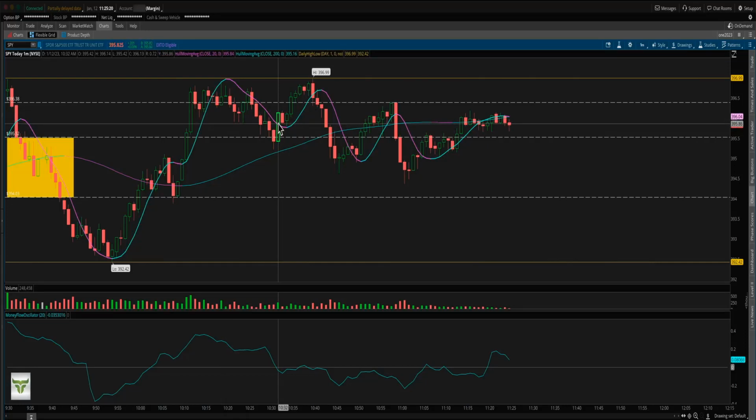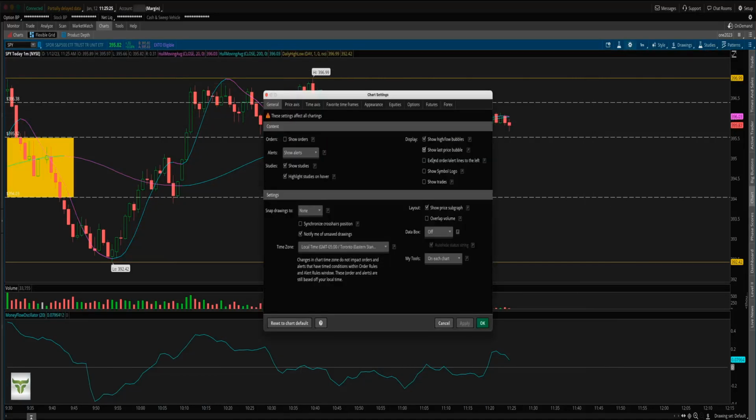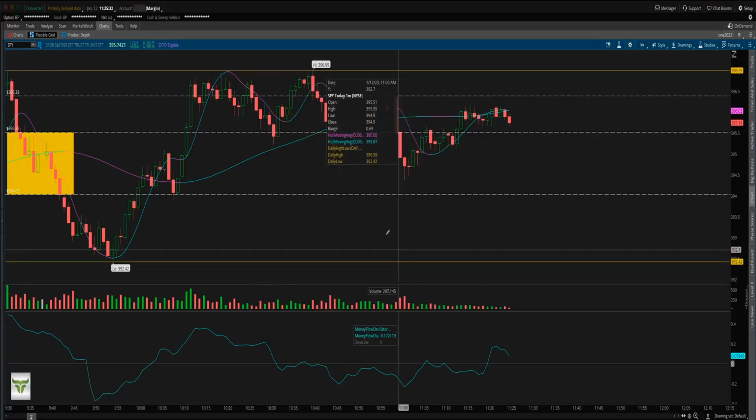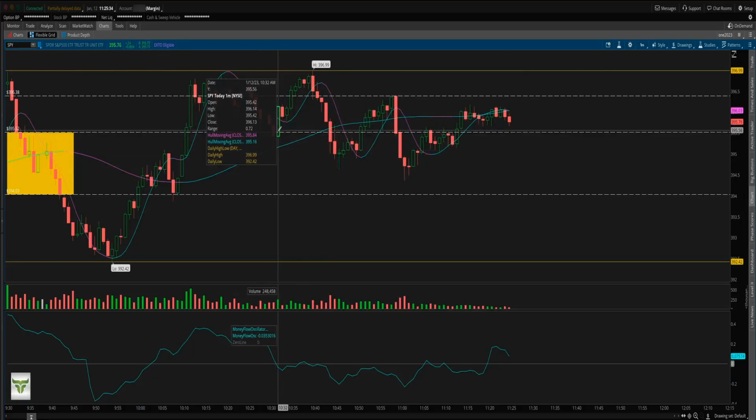Now, if you can't see it, let me go on my data box, put it on floating for you, apply it. So now you see the range, 72 cents. That's a big boy move for the SPY in that particular period on a 1 minute candle, right? That's a big boy move.